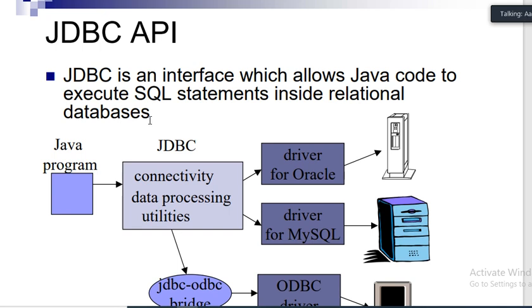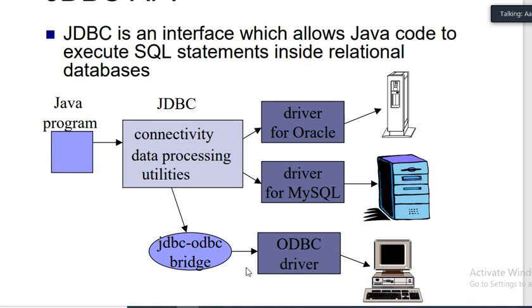You can send a command, whatever type of statement you want to execute, insert, update, delete or select. From this Java program, with the help of JDBC connectivity and data processing utilities, we use the driver for Oracle jars, the driver for MySQL, or the driver for ODBC. We use the JDBC-ODBC bridge and then the ODBC driver to connect to a particular system.